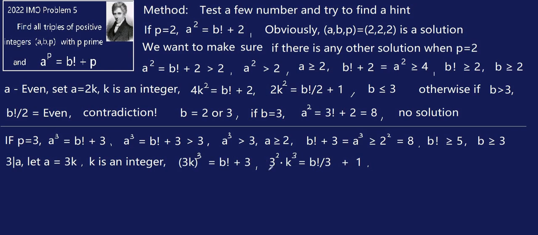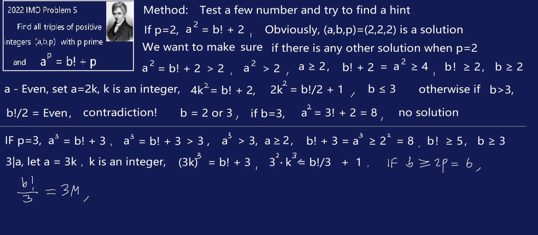Let us watch this equation closely. If b is too big, say it is greater than or equal to 2p, which is 6, then b factorial divided by 3 will still be a multiple of 3, say 3m.